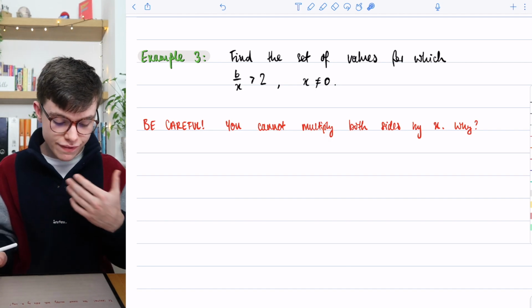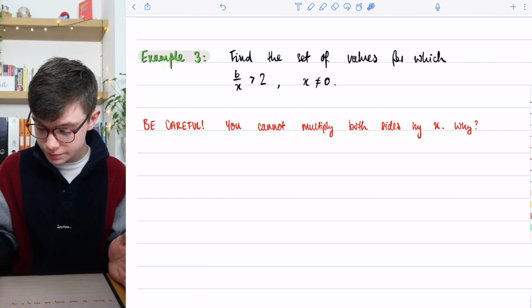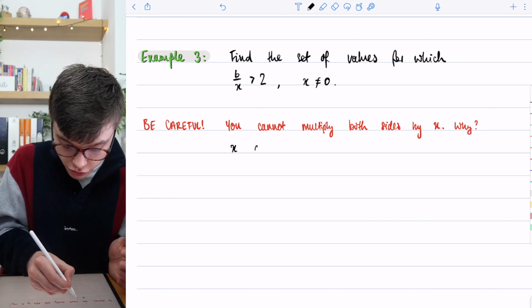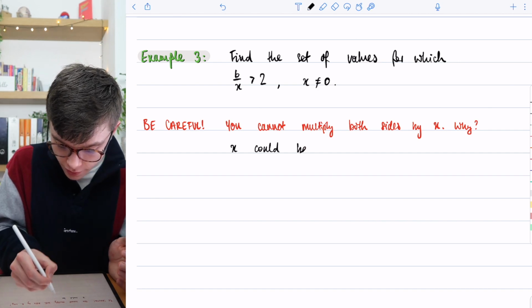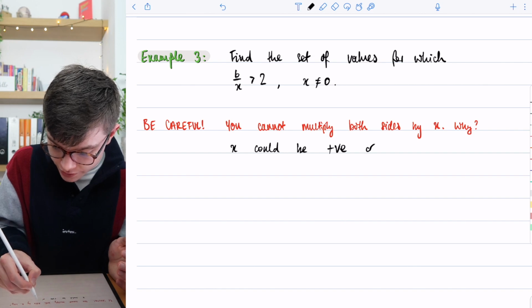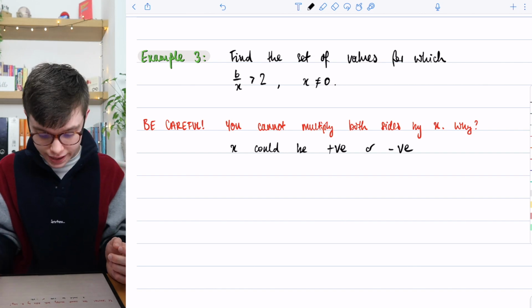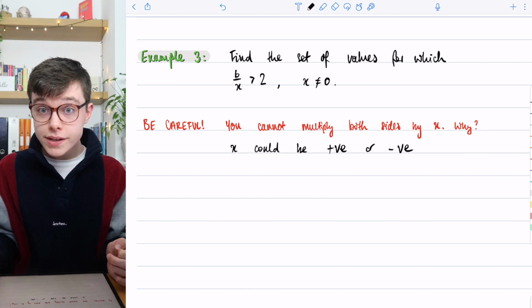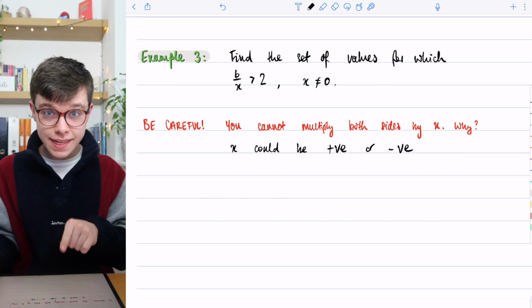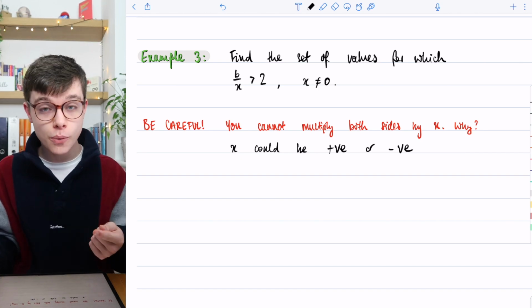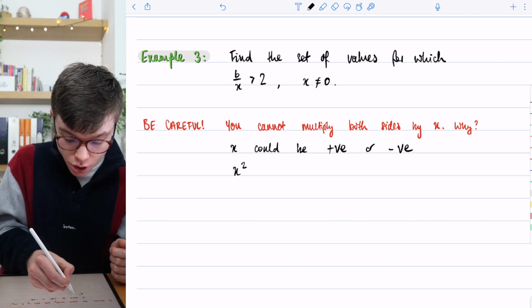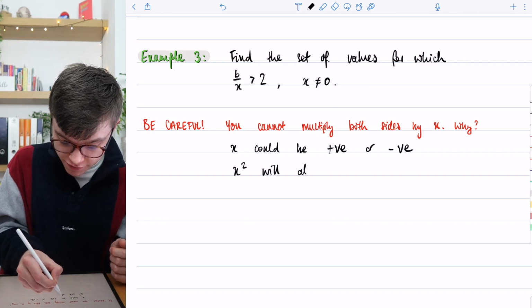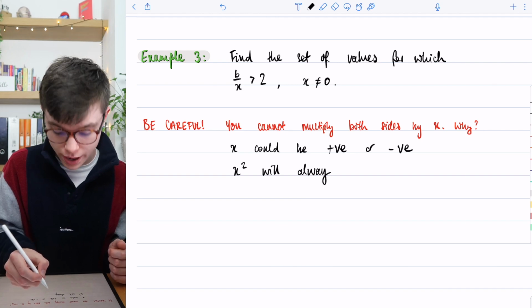So x could be positive or negative, that's shorthand for positive or negative. What is always going to be positive in that case? Well, it's x squared. X squared will always be positive because any number squared is always positive.